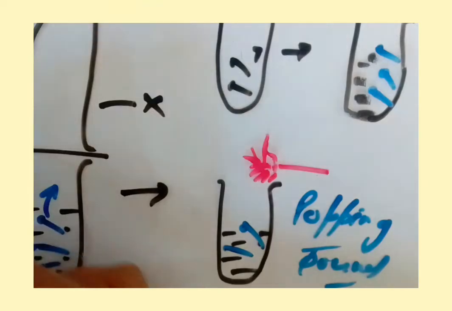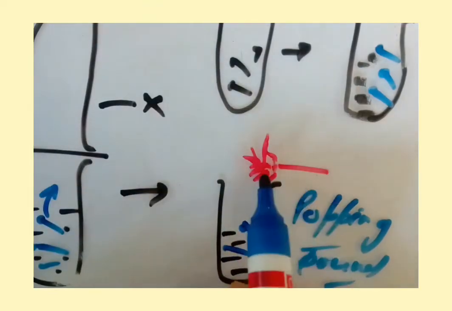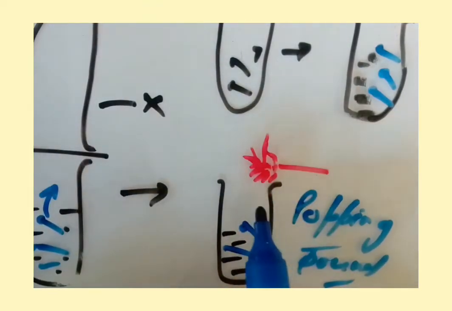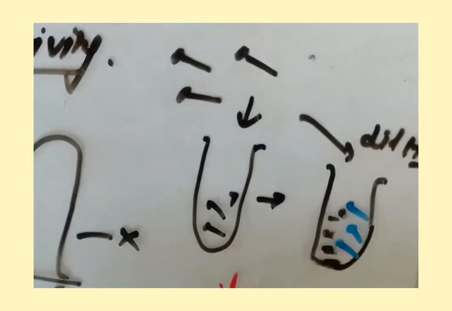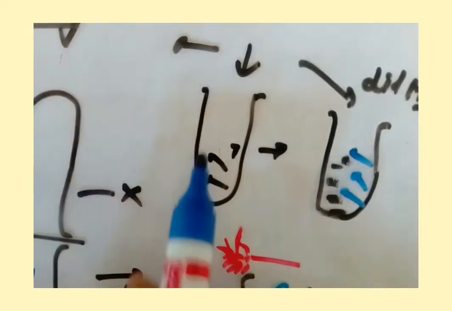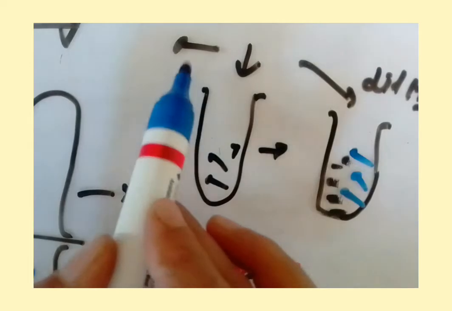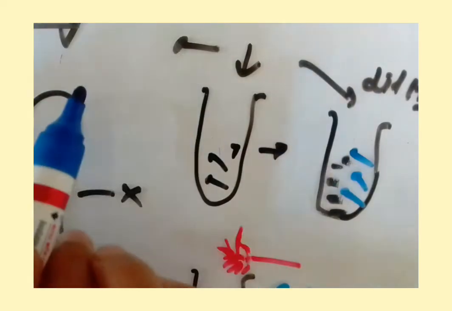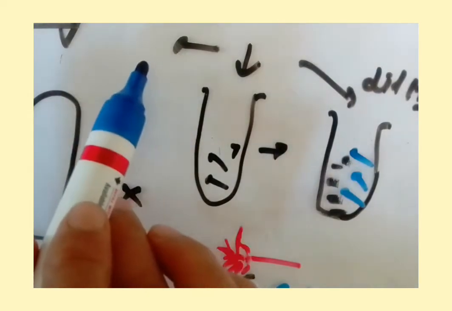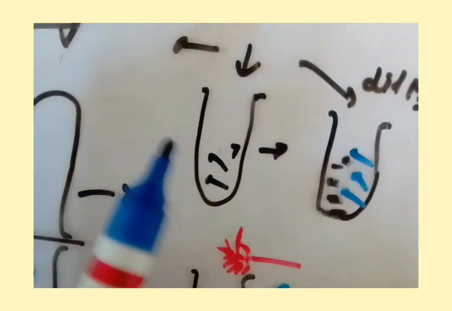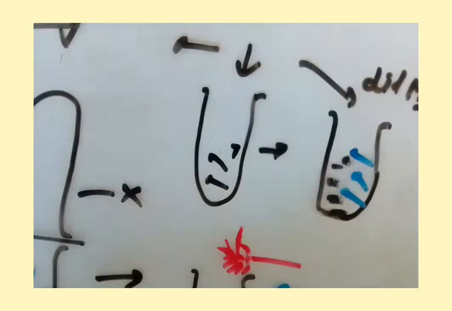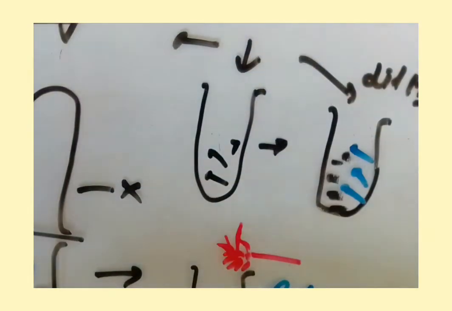Immediately after removing this one, when we bring burning splinter here, then that hydrogen gas will produce the popping sound. So by this activity, what we came to know is that iron is a metal. Metals react with acids, dilute hydrochloric acid we have taken, and produce hydrogen gas and form metal salts.